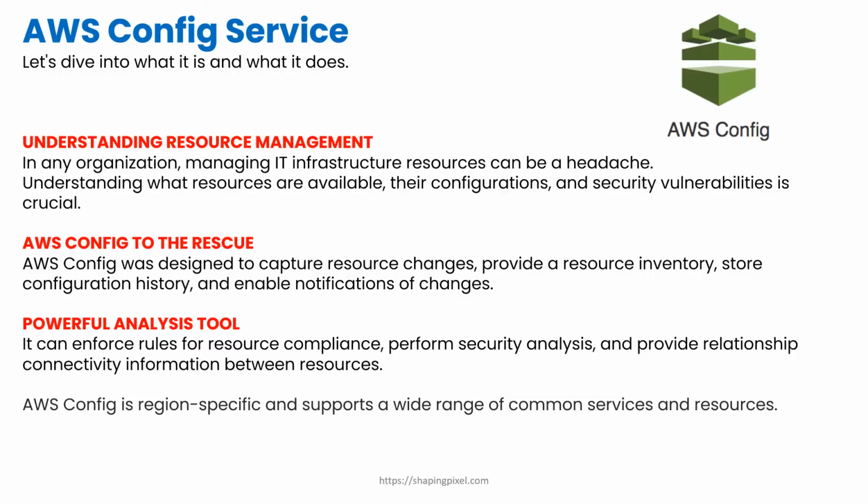AWS Config was designed to capture resource changes, provide a resource inventory, store configuration history, and enable notification of changes. It can enforce rules for resource compliance, perform security analysis, and provide relationship connectivity information between resources. AWS Config is region specific and supports a wide range of common services and resources.